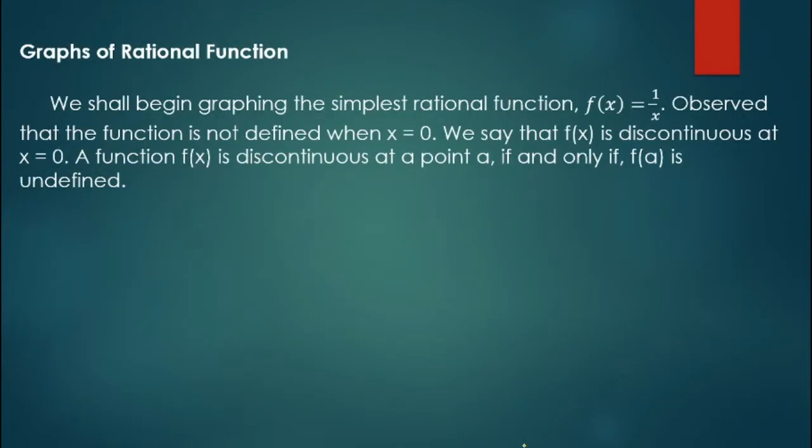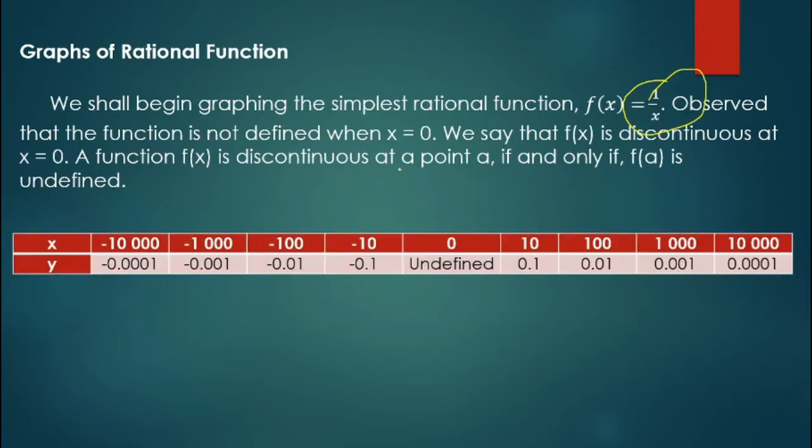So, graph of rational function. So, mag-start tayo sa pinaka-simplest form ng rational function, which is 1 over x. So, dito, pag nag-graph tayo, kukuha lang tayo, magbibigay tayo ng sariling value ng variable x. So, dito, ang ibinigay is from negative 10,000 to positive 10,000.